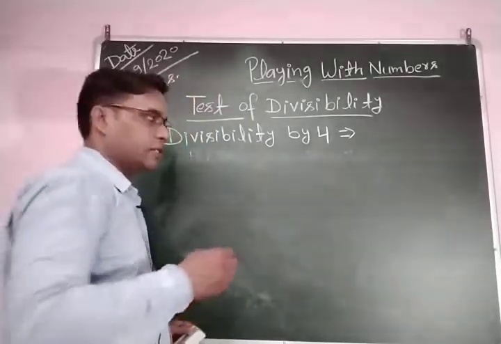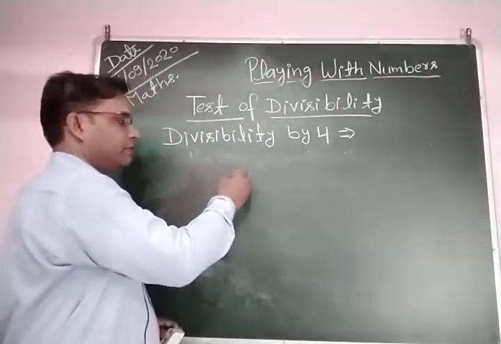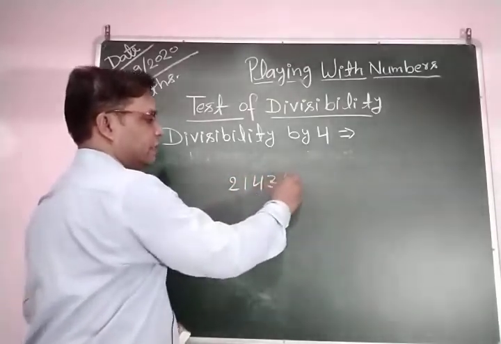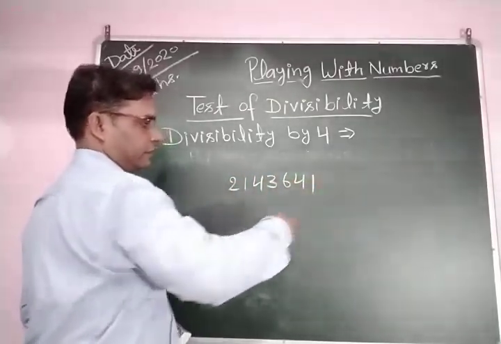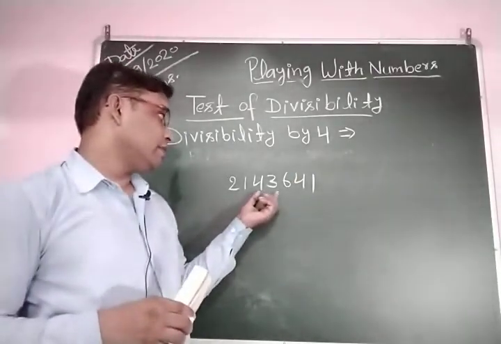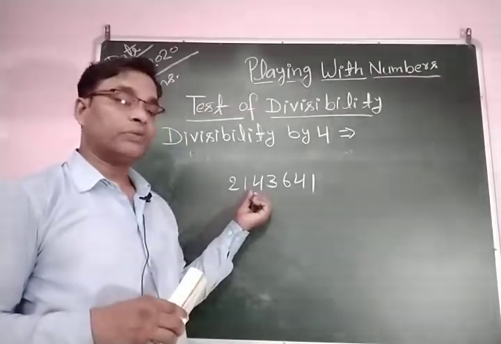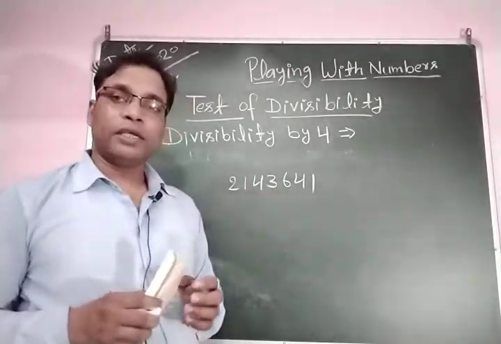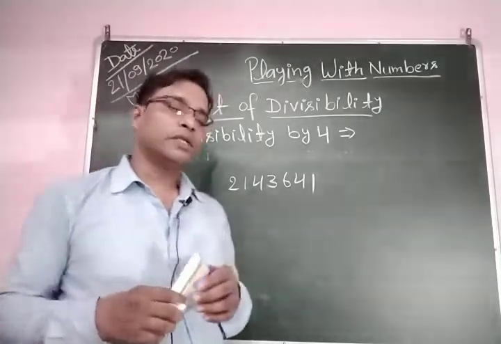Divisibility by 4: 21,43,641. Is this number divisible by 4 or not? For this we take the last two digits of the number.